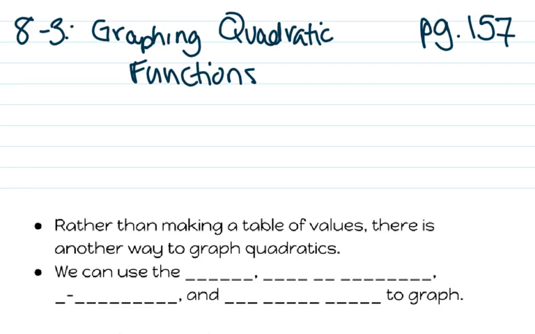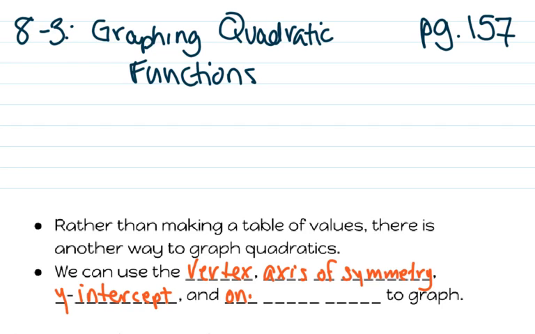So rather than the table of values, the other way to graph a quadratic is to use the following pieces of information: the vertex, the axis of symmetry, the y-intercept, and then one other point or one other x value that wasn't used already.